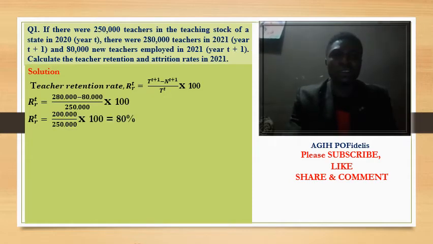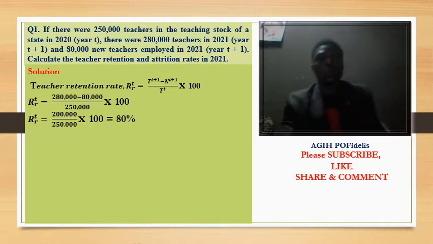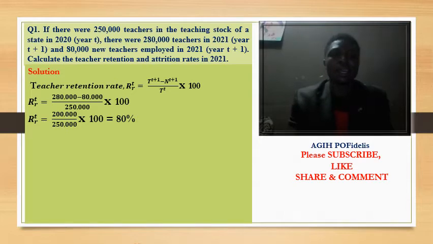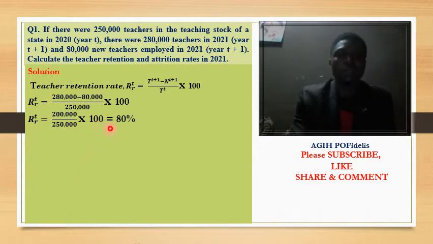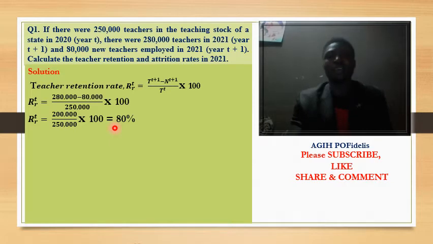And when we further express this, we're going to have 280,000 minus 80,000, which will give us 200,000, over 250,000, times 100. And when you simplify this, you're going to have the result as 80%. You can check that on your calculator to verify.